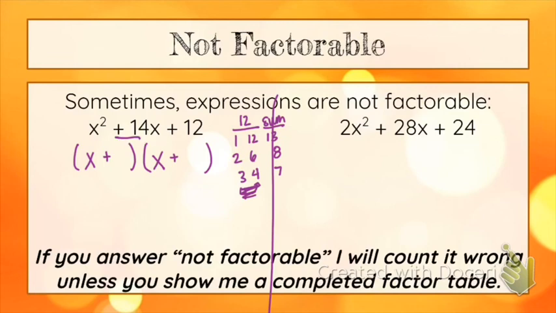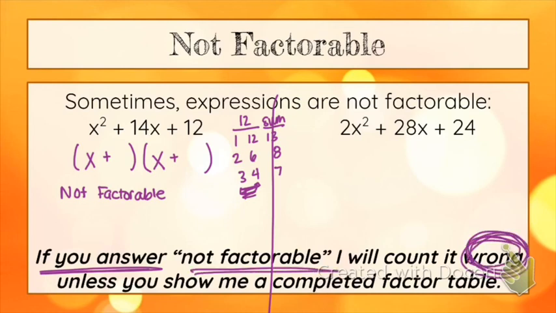So what that means is that this expression is not factorable. So you're going to write not factorable. However, if you answer not factorable, I will count it wrong unless you show me a completed factor table.